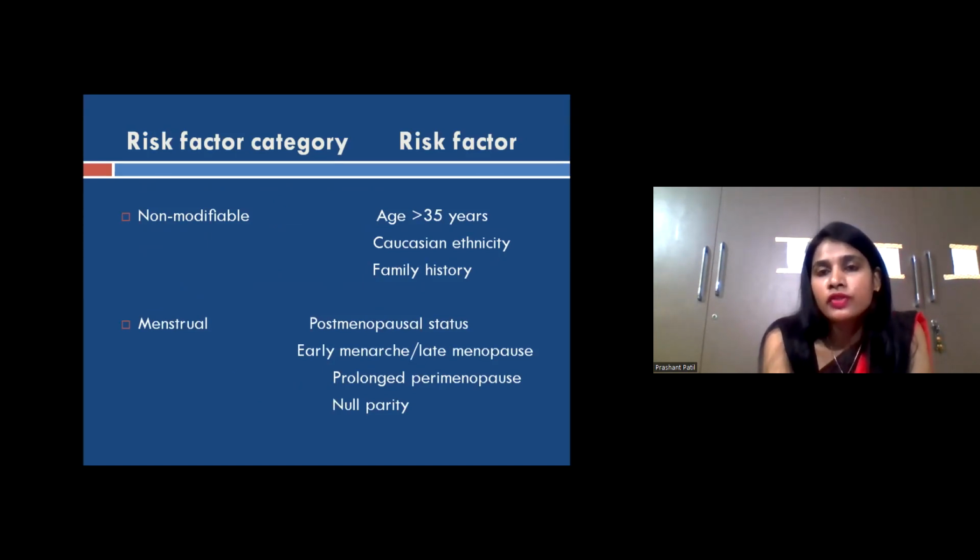Basically, endometrium is a tissue which grows under the effect of estrogen. So age is involved, nulliparity is involved, some ethnic factors are there, and of course family history is also important. Coming to the menstrual factors, like I told you, it is under the effect of estrogen: early menarche, late menopause, the number of years in postmenopause, prolonged perimenopause.